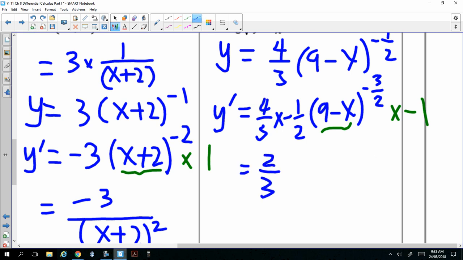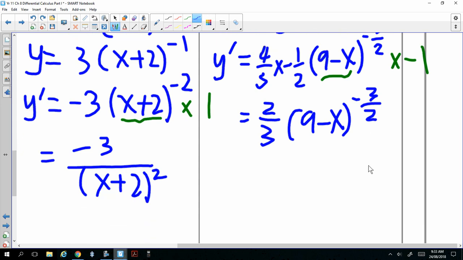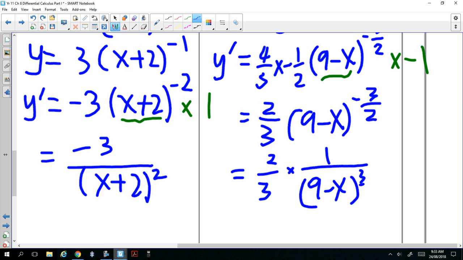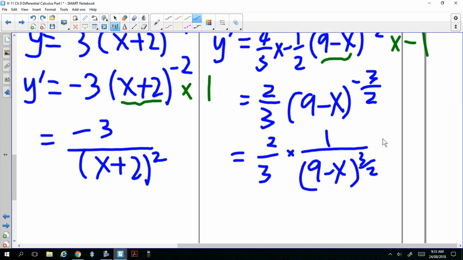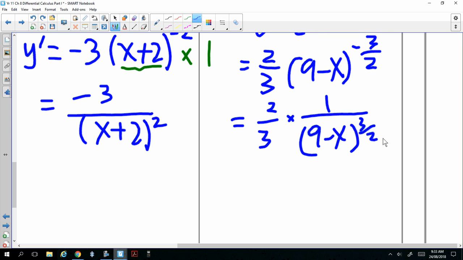And once you do that, write it with that index notation, write it in surd form, if possible. So you times by 1 over 9 minus x to the power of 3 over 2. And then you can write that as 2 over 3. The rule is cube root or square root of 9 minus x cubed.